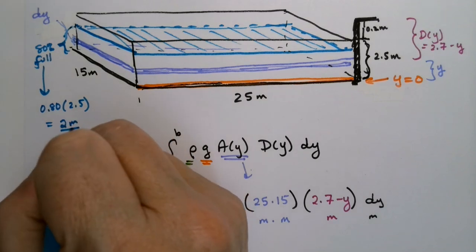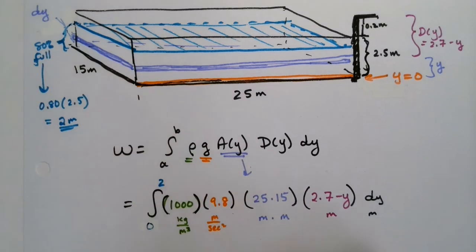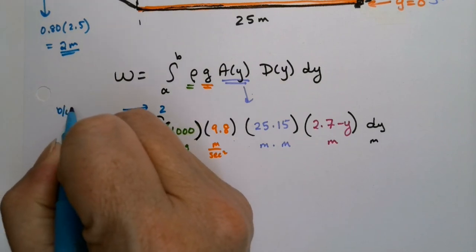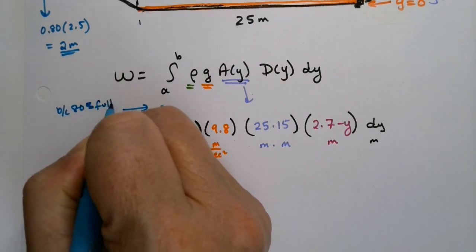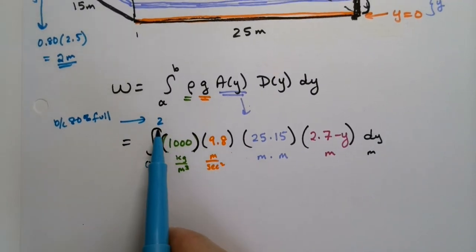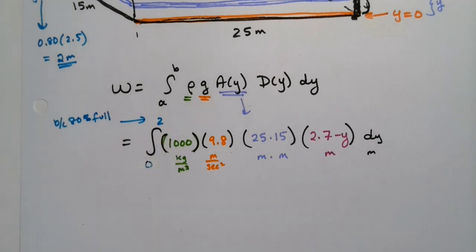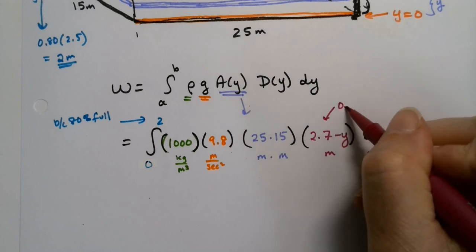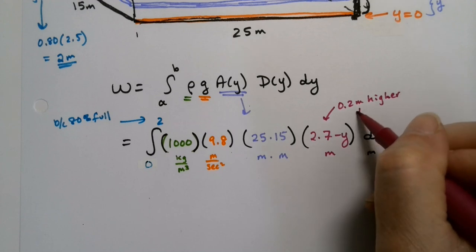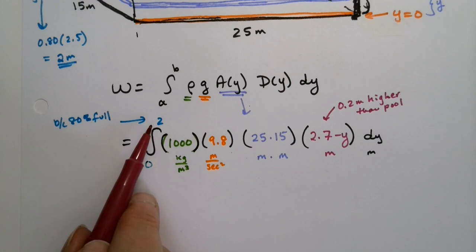So the water is at 2 meters. So I'm going to go to 2 right here. And you want to make a little note: it's because it's 80% full. If it was full, you'd go to 2.5, because you'd end up at 2.5 for the end of the pool. So this part comes from the fact that you're going 0.2 meters higher than the pool. That's why it's 2.7. And over here it's 2 because that's where the water ends.